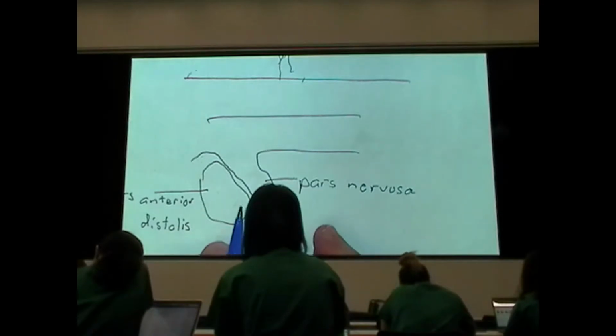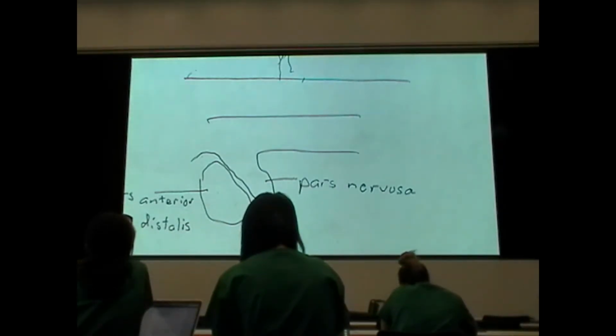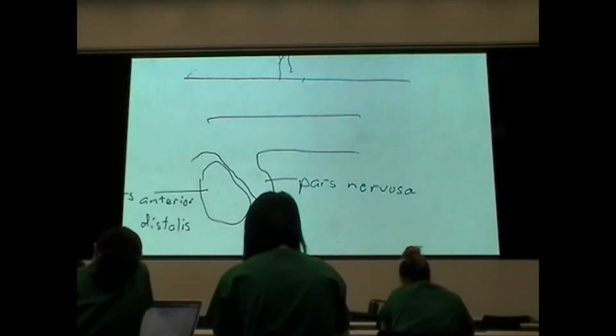A dual embryonic origin. Two different parts that come together to form a single organ.